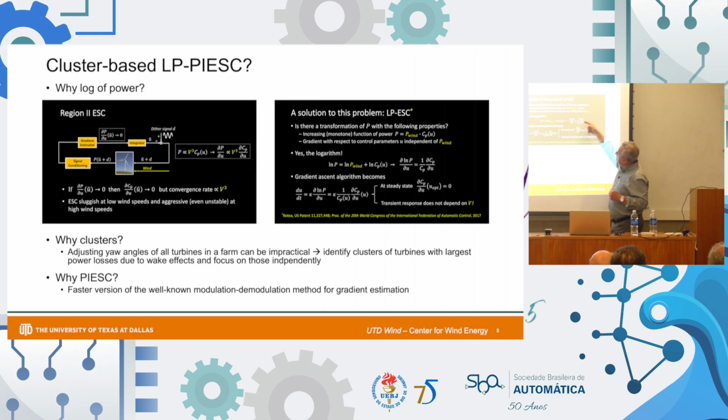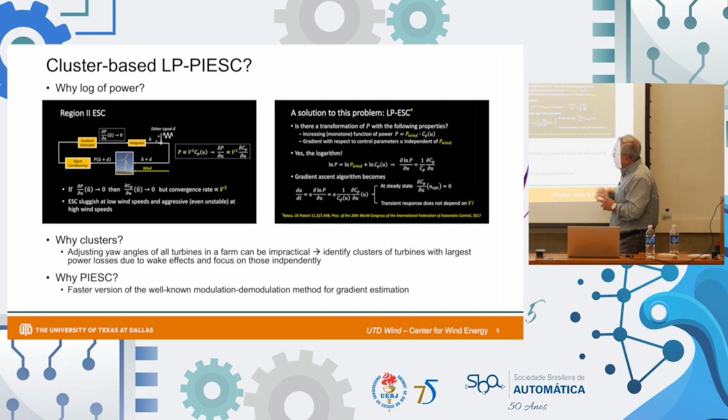Now, if I apply the gradient method to the maximization of the coefficient of power, basically at steady state, this is what I need to reach, and this quantity is independent of the wind speed. And that was an interesting discovery. It led to a patent, and now we license that patent to a company that is trying to create a product with this concept.